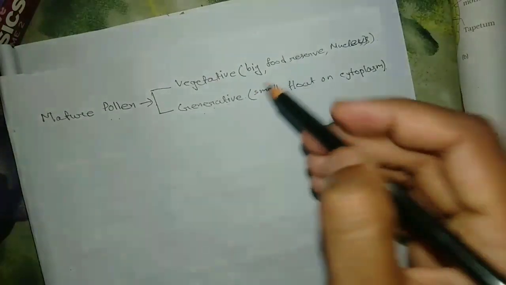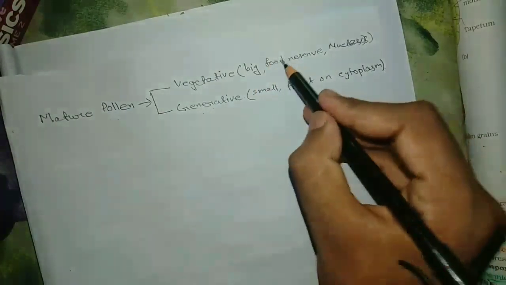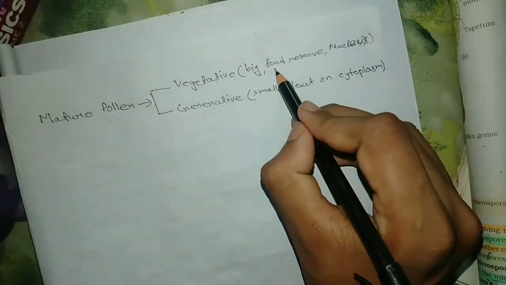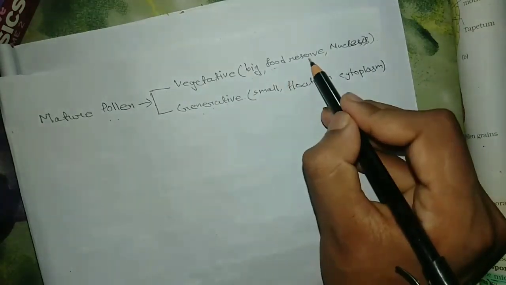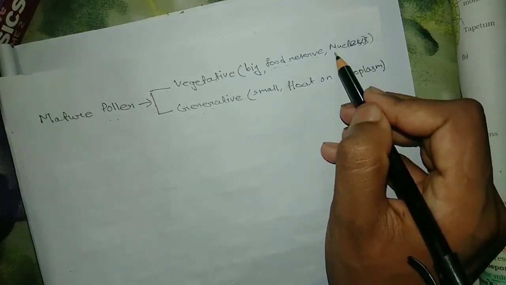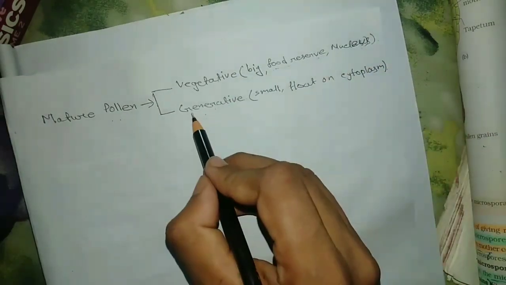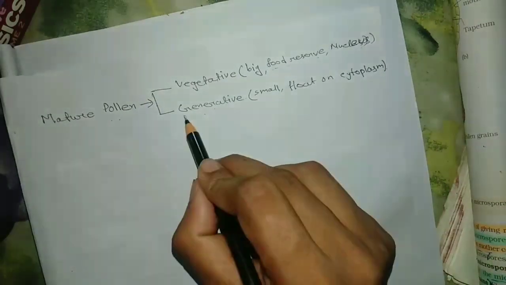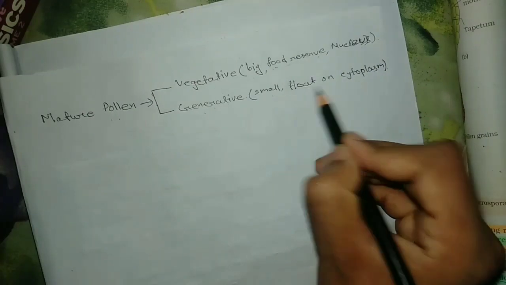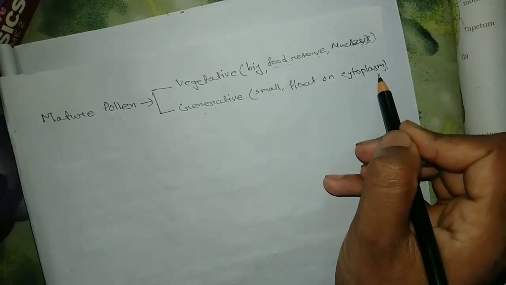The vegetative cell is generally big, so it is able to store food reserves and also has a nucleus, but the generative cell is small and floats in the cytoplasm.